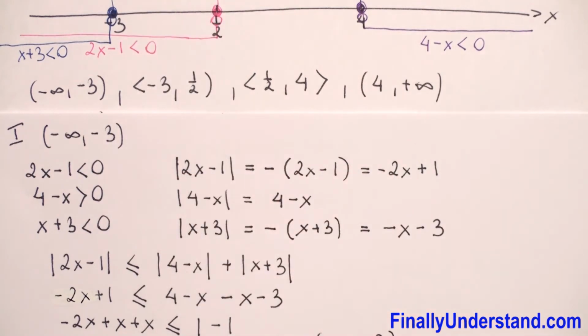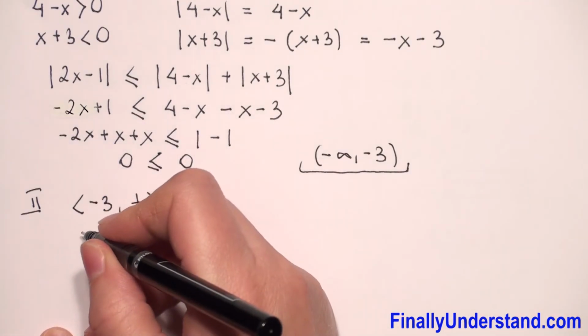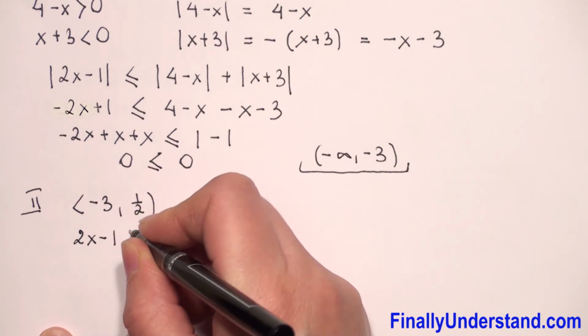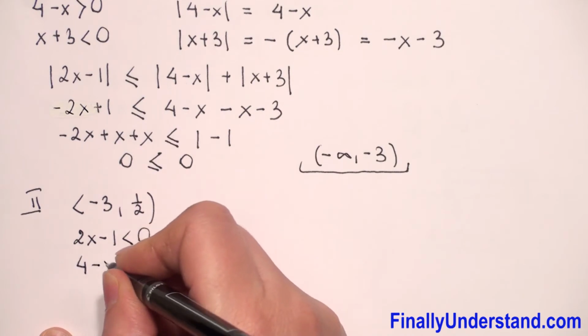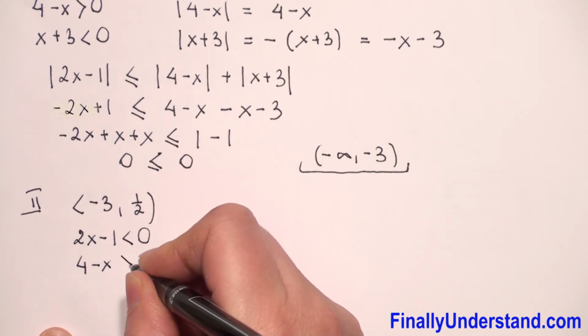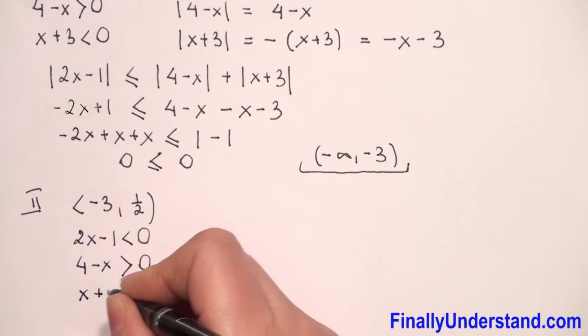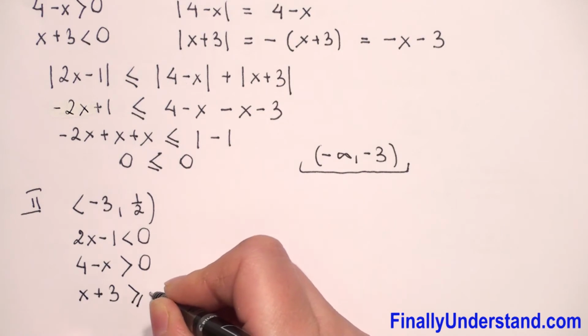So let me copy this. We have 2x minus 1 is less than 0, 4 minus x is greater than 0, and x plus 3 is greater than or equal to 0.